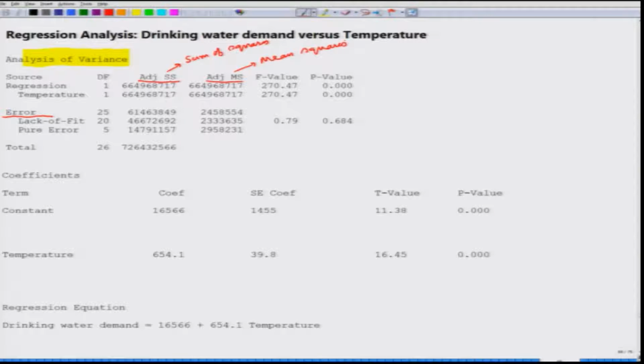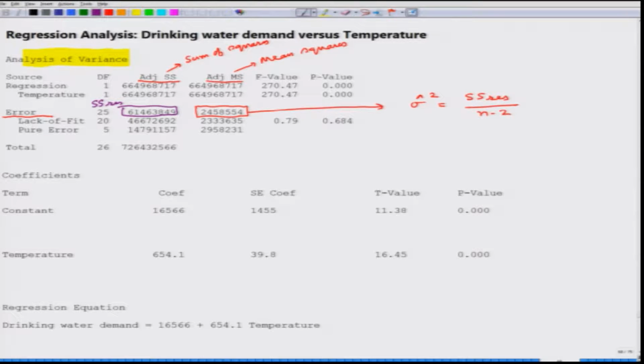So this is the value which we have to consider. Actually this is the value which is our sigma square hat. And sigma square hat, if you remember, we had defined as sum of squares due to residual divided by degrees of freedom, that was n minus 2. So here this SS residual is given by this, our sum of squares due to residual.